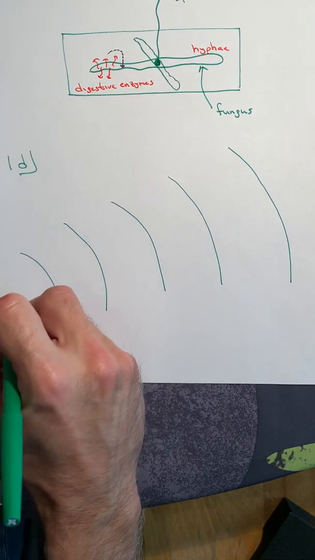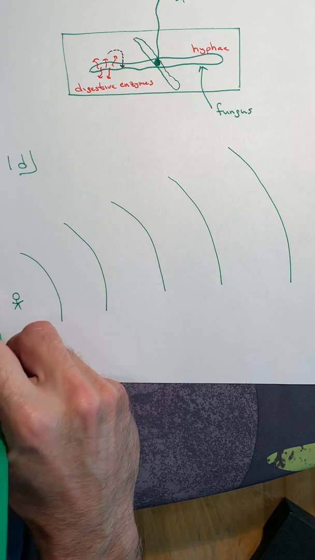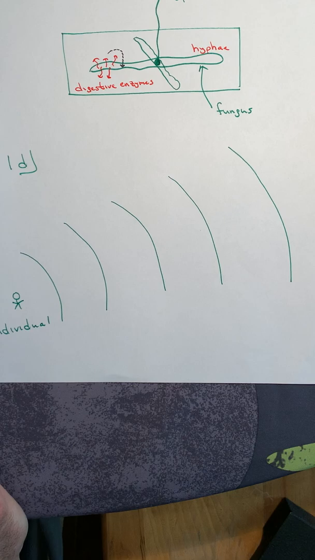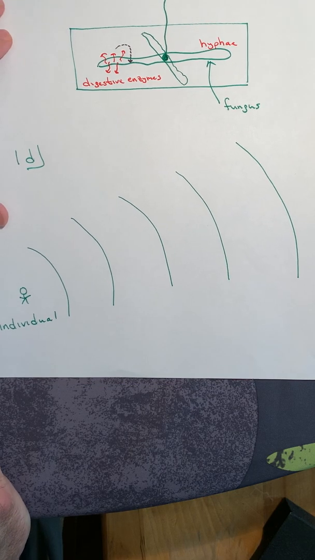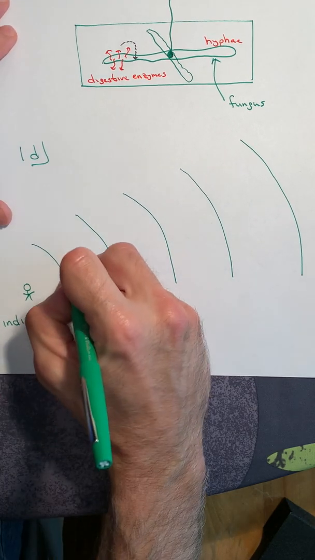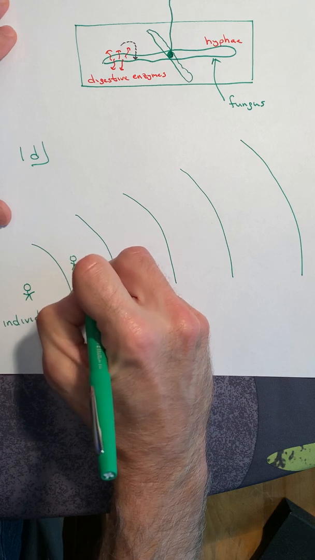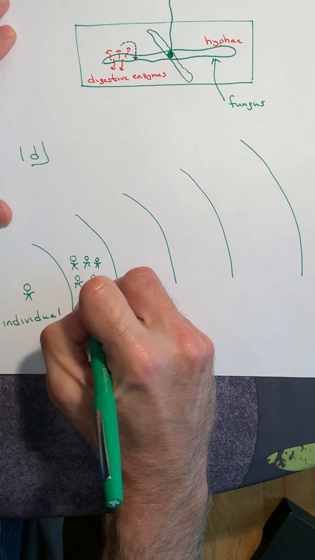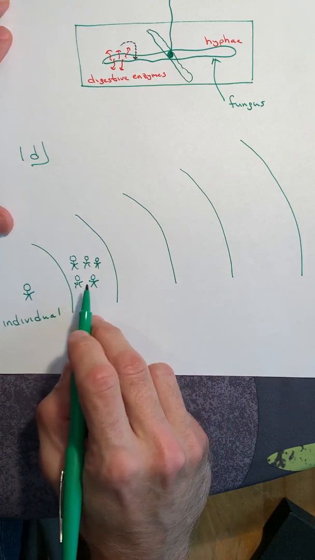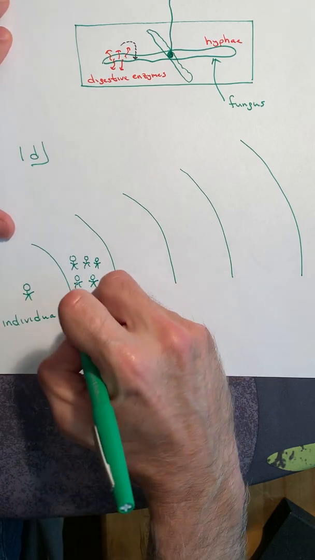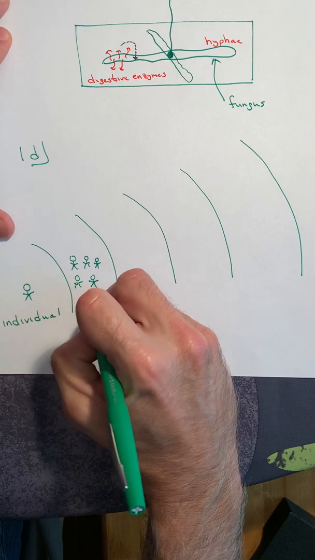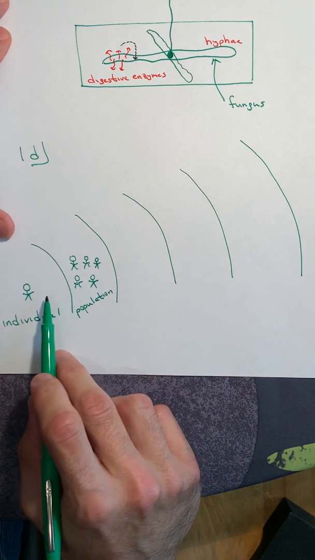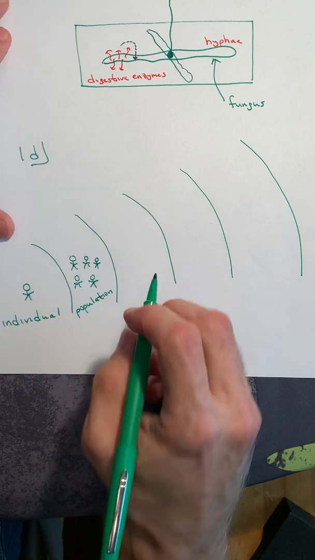Okay, so you have the individual here. Now, if you have a group of individuals that are all members of the same species, remember how we defined what a species was in question 1A. So you have a group of individuals that are all the same species. That is a population. So populations are made of individuals of the same species.